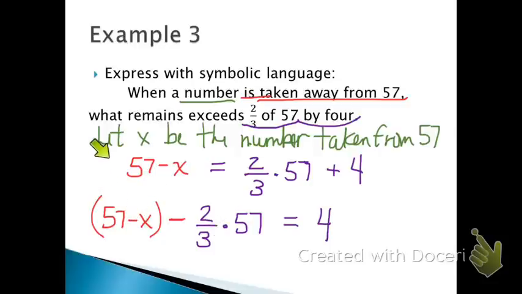Okay, so this equation and this equation are equivalent. They're just two different ways of writing the same thing.